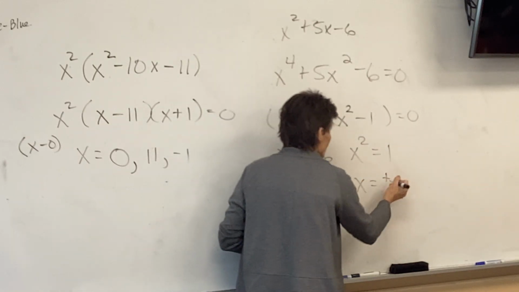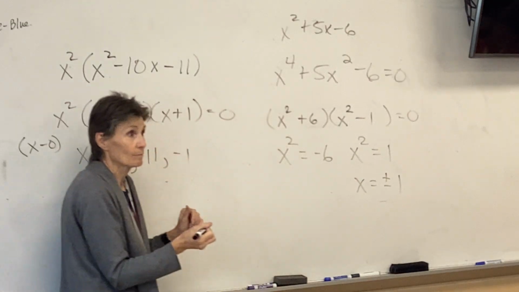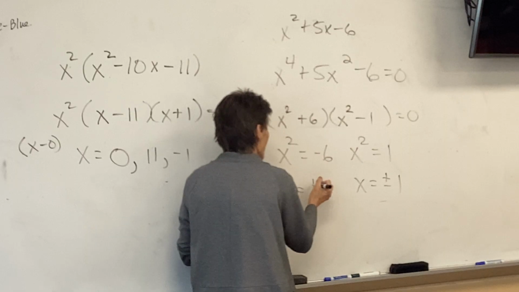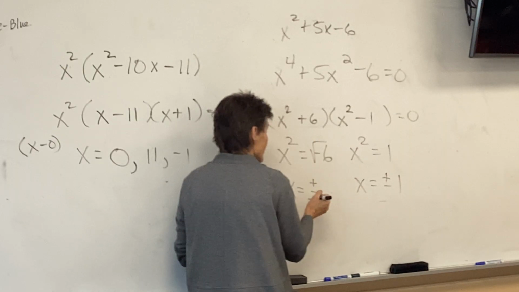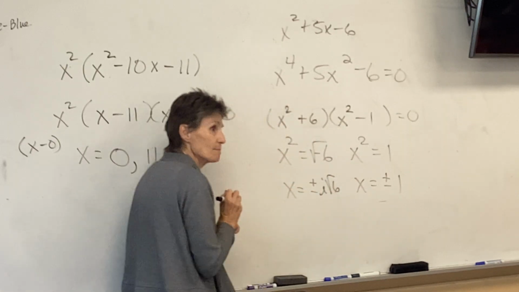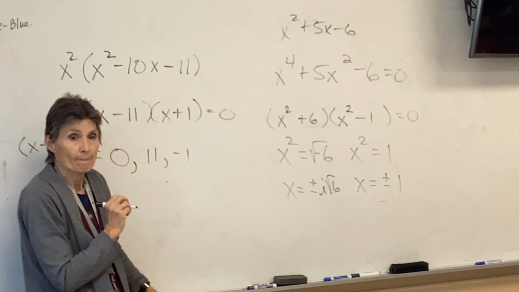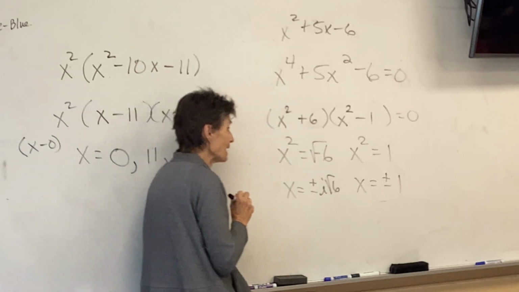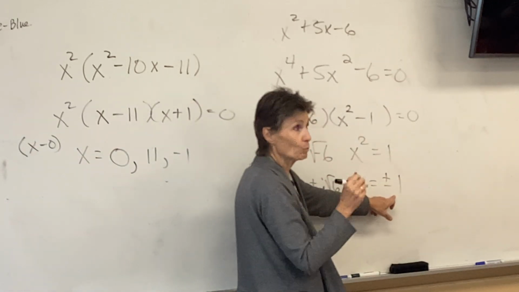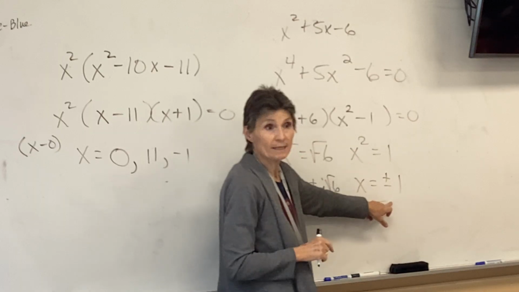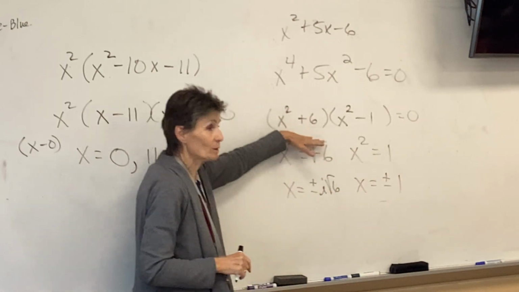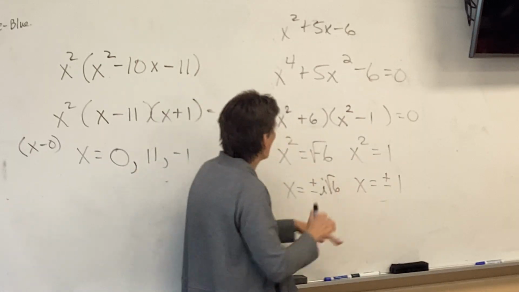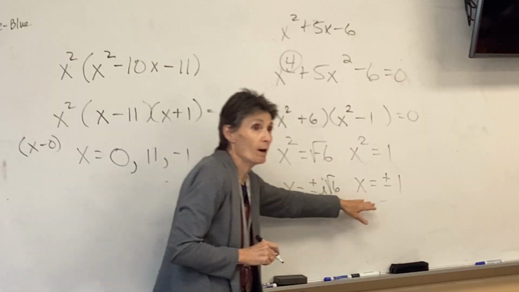So x equals plus or minus 1, square rooting, or x equals plus or minus i root 6. If you were guessing and dividing, you would guess 1 and it would work. You would guess negative 1 and it would work. And then you would be left with this, which you would solve exactly the way I did. So there are your 4 answers to the problem.